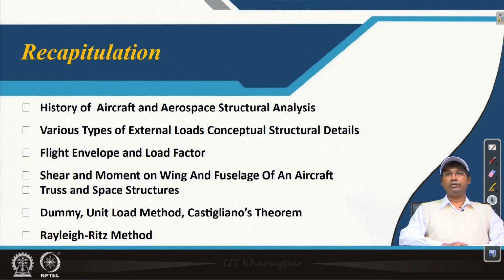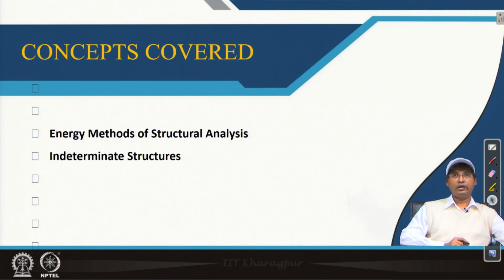We have seen how the moment varies on the wing or fuselage because of the load, and solved a typical example. In energy methods, we have solved the dummy load method, unit load method, Castigliano's theorem and the Rayleigh-Ritz method. Now we will proceed further to solve indeterminate structures.